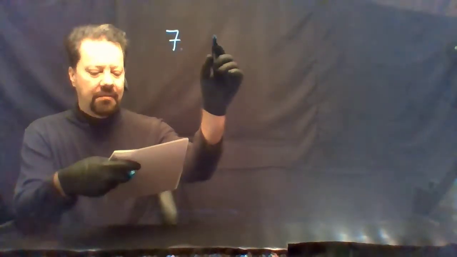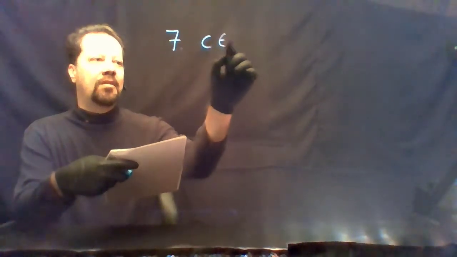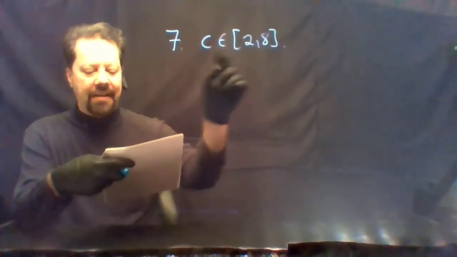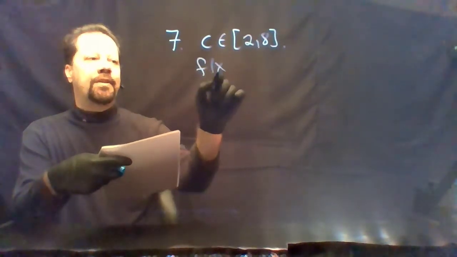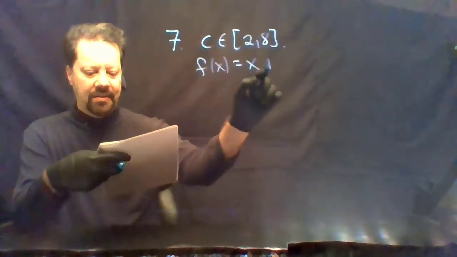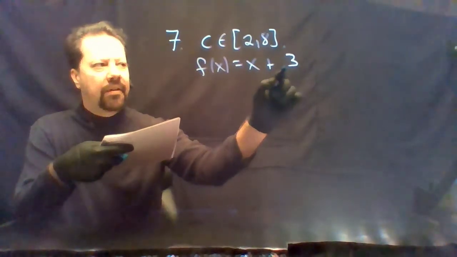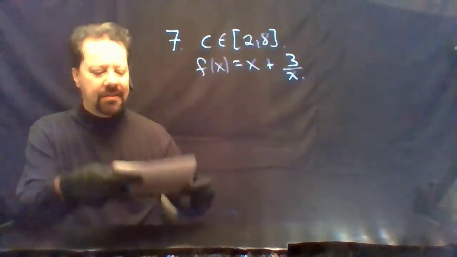On problem 7, I ask you to find all numbers c between 2 and 8 that satisfy the mean value theorem for the function f of x equals x plus 3 divided by x.